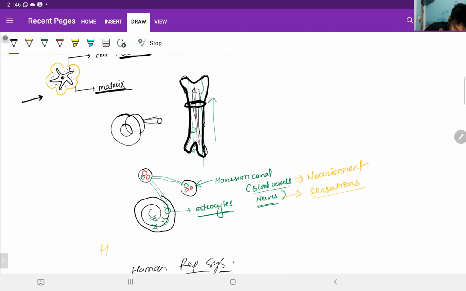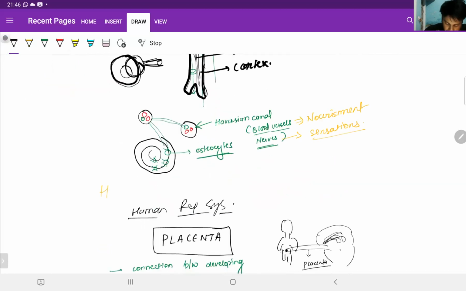When I cut it like this, the inner part is called medulla, and the outer part is called cortex, right? So I'm just magnifying this diagram to see what things we are going to see in this.